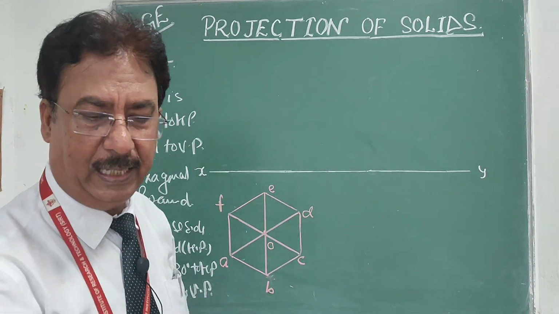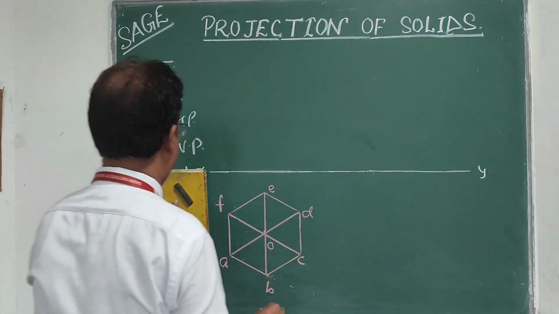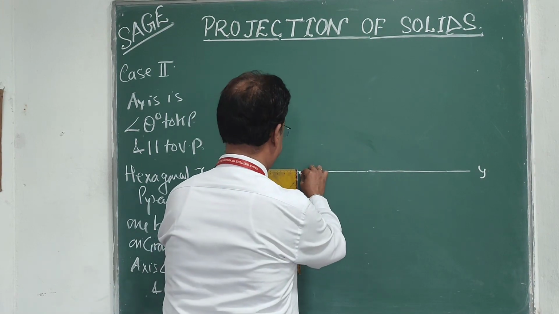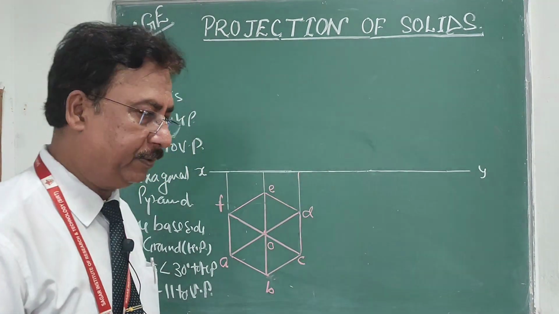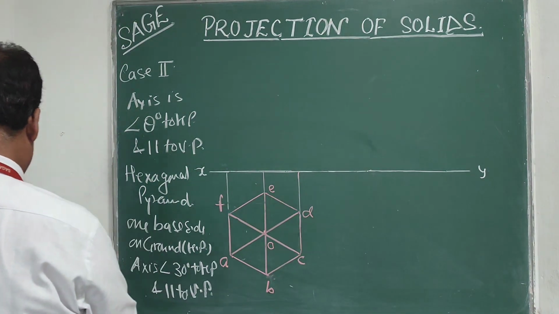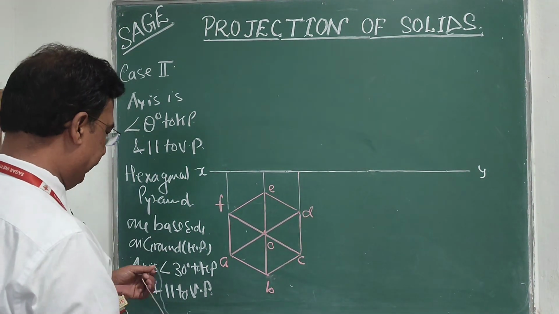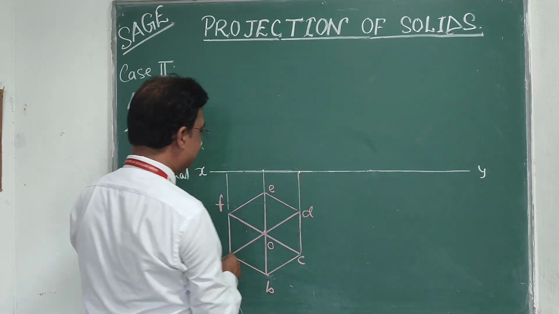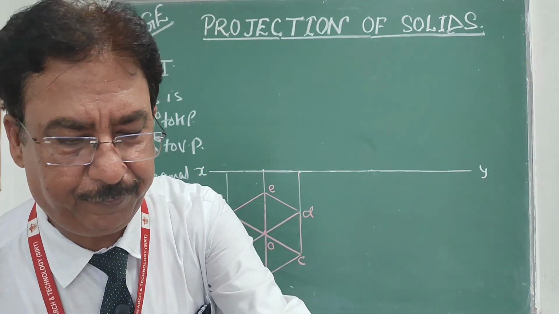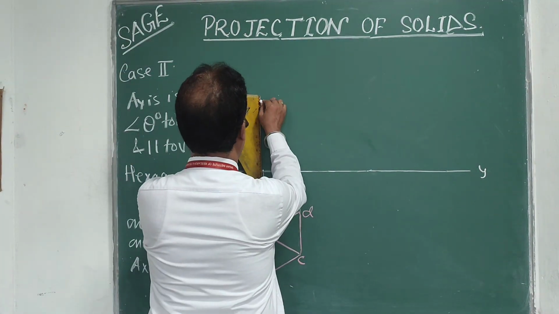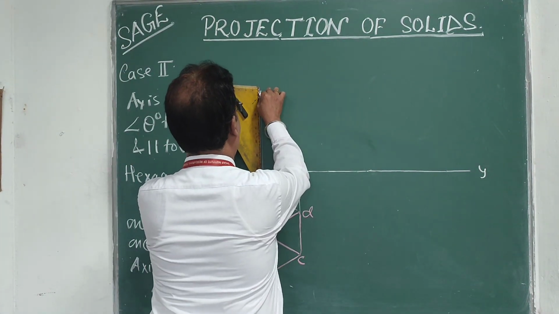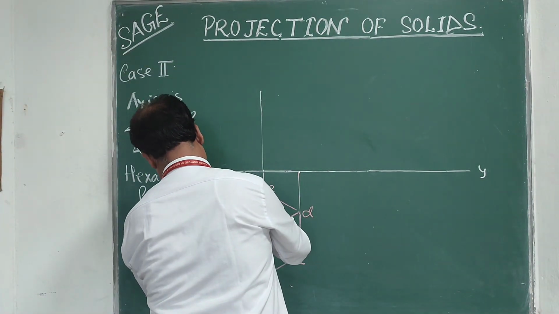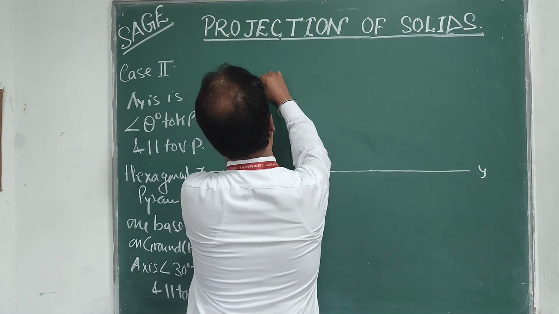Now with the help of this I can draw the front view. I draw perpendiculars upward, and on those perpendiculars, as the base side is 25 and the axis is 50, I go up 50 mm to get the apex of the pyramid.